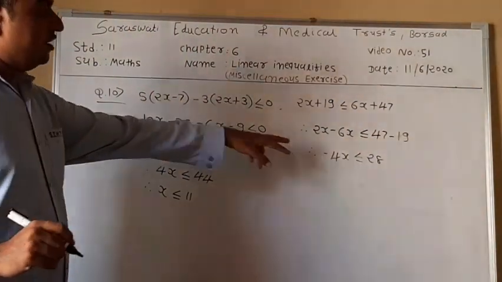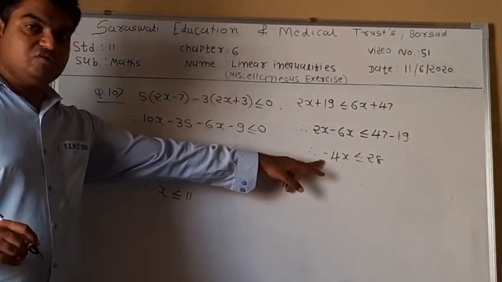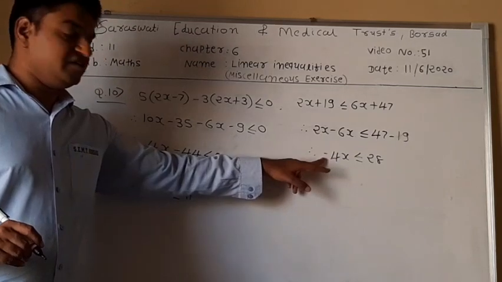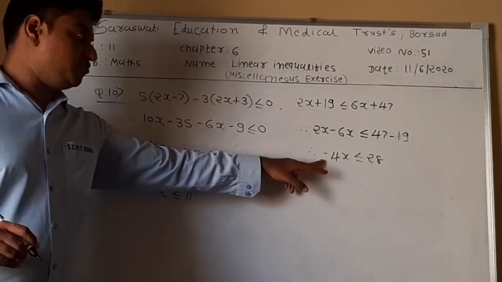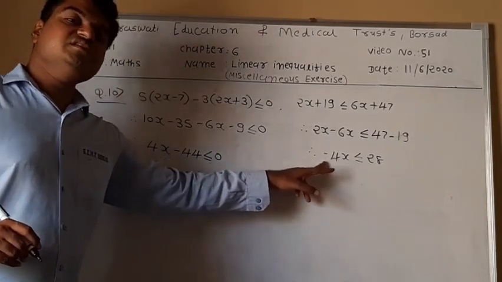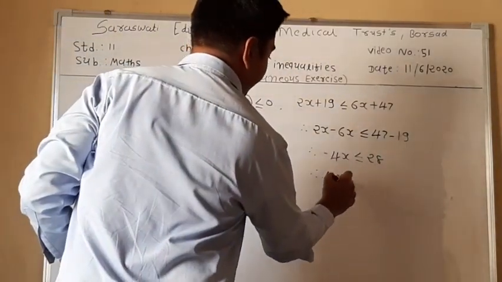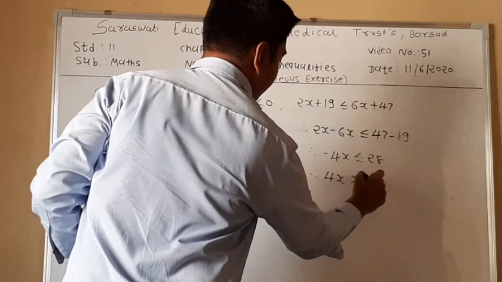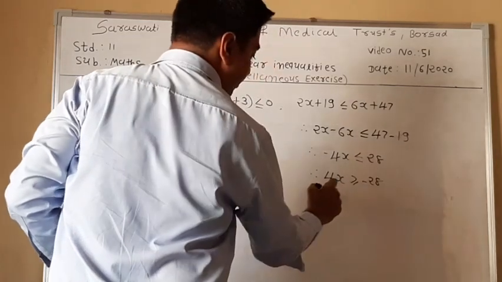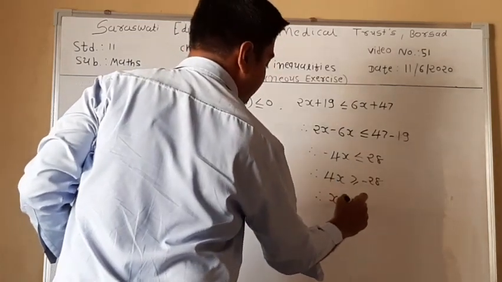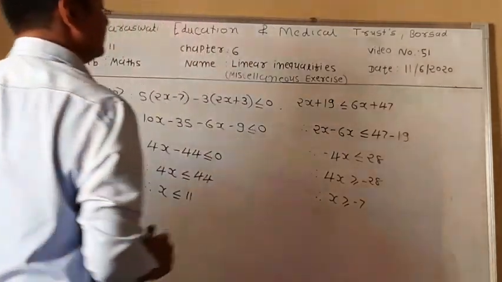Now remove this minus sign: x is present with a minus sign outside, so multiply both sides by minus, and therefore 4x greater than or equal to minus 28. Now divide by this term, so x greater than or equal to minus 7.